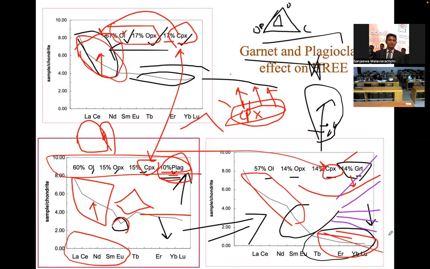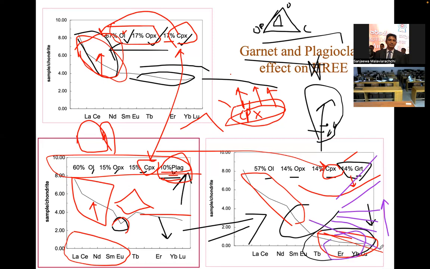Because for the melt also, if you are incorporating a lot of garnet during melting, that will definitely bring a large amount of heavy rare earth elements also, right? But if the melting is taking up only a little garnet into the melt, but the majority of the garnet is remaining in the residue, then definitely in the melt you will see this type of a depleted pattern.